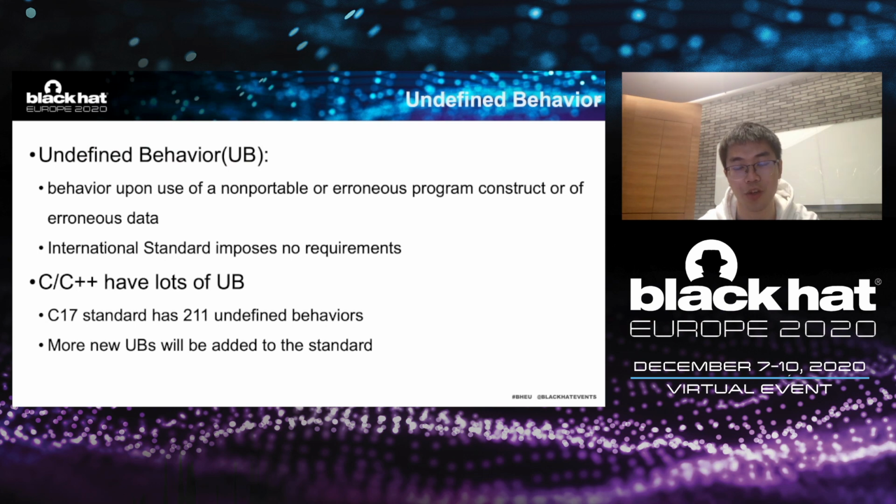What's undefined behavior? According to the C standard, it's behavior upon use of a non-portable or erroneous program construct or of erroneous state. The standard imposes no requirements for undefined behavior. C and C++ have lots of undefined behavior. 211 undefined behaviors appear in the C17 standard, and more new undefined behaviors will be added in the near future.